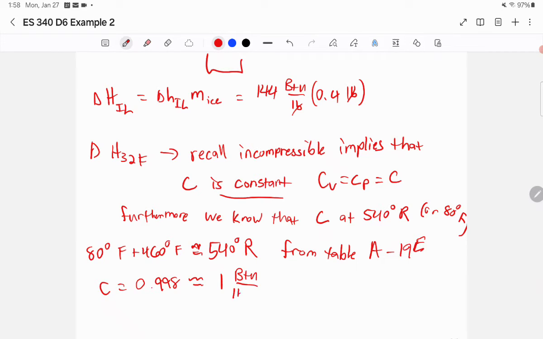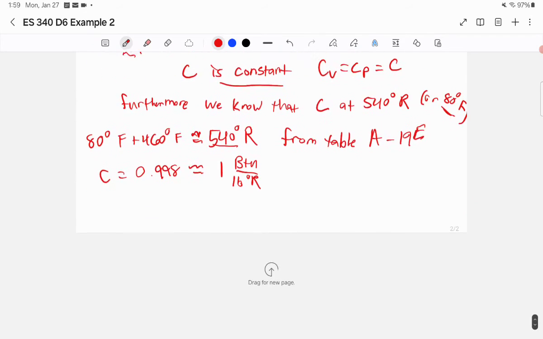BTU per pound degree Rankine. Okay, so because it's constant, that means that no matter what, at 32 and also at 80 degrees Fahrenheit, it has to be the same value. So we have to take it to be the same value because it's a constant, and approximately that's equal to 1 BTU per pound degree Rankine. We're just going to round here for our purposes. It'll get us close enough, and we'll have no worries there.